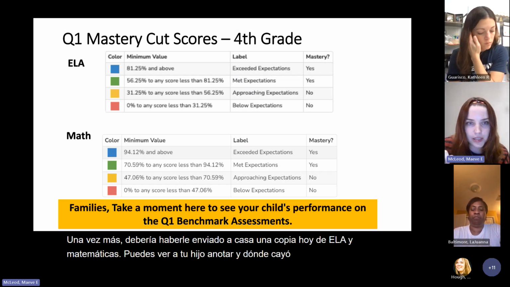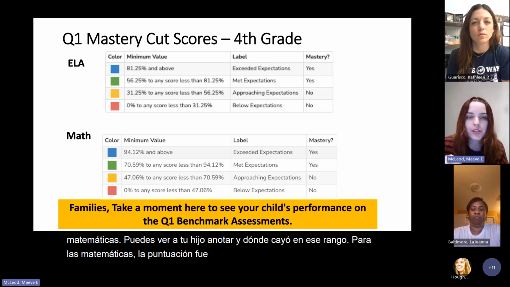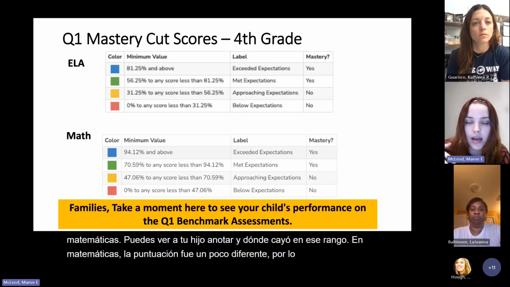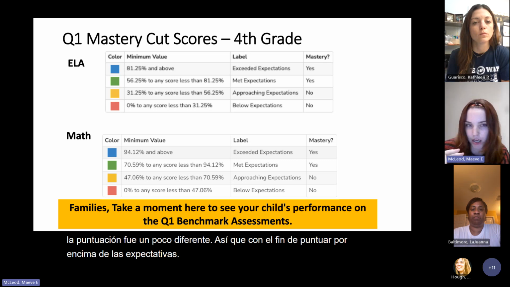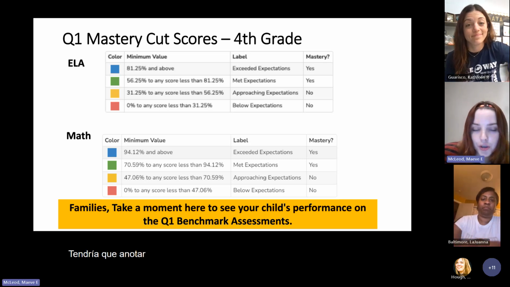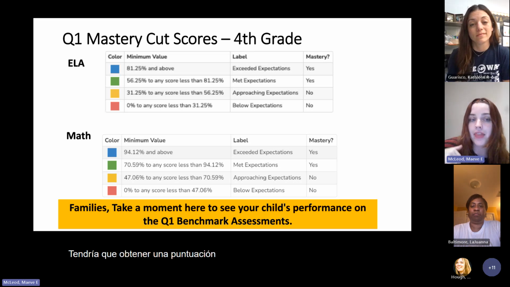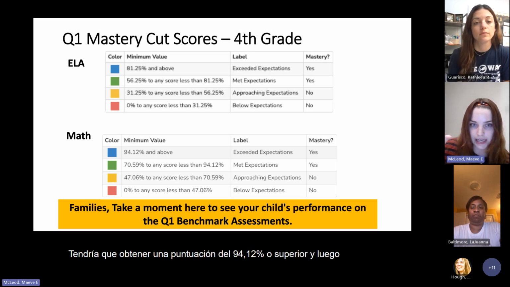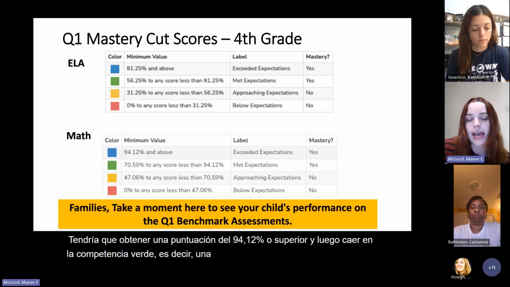For math, the scoring was a little different. In order to score above expectations, which again was that blue color, you would have to score a 94.12% or above. To fall in the green proficiency, that is a score between 70.59% and 94.12%.